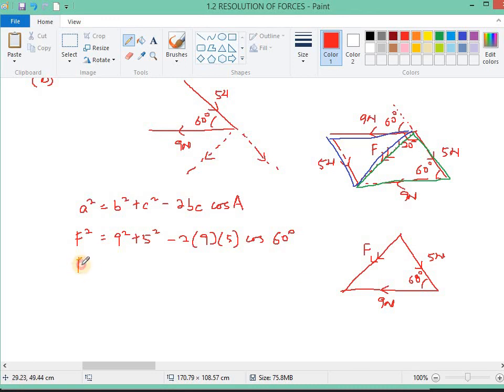Calculate, and then you can get the resultant force is 7.81 Newton.